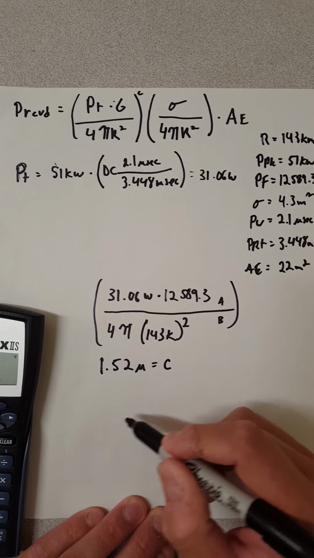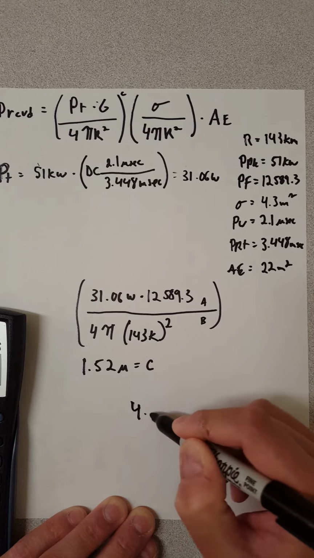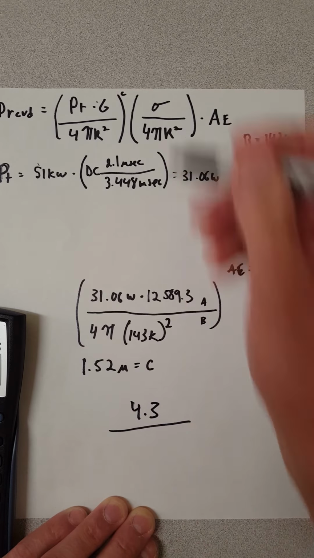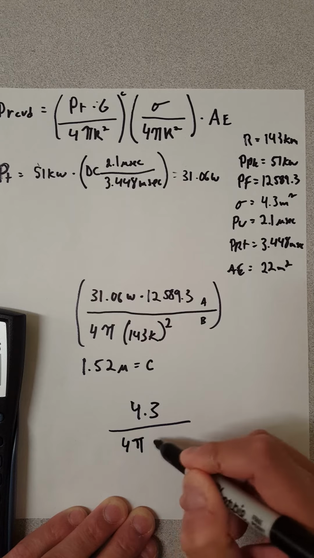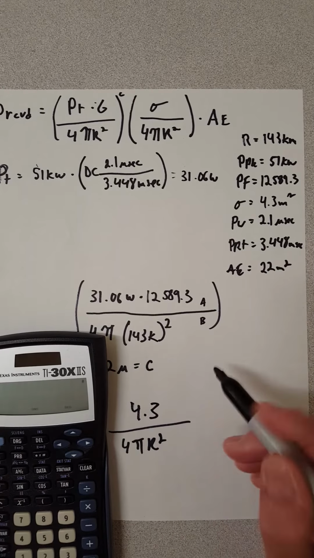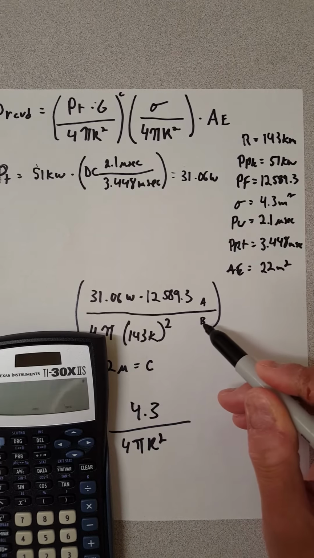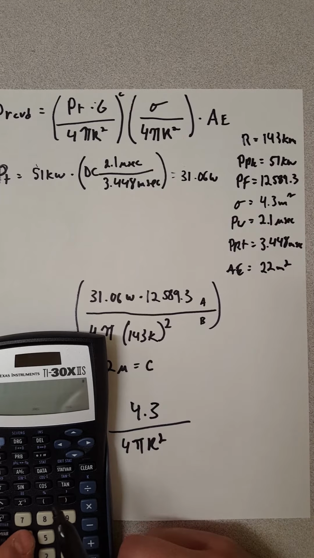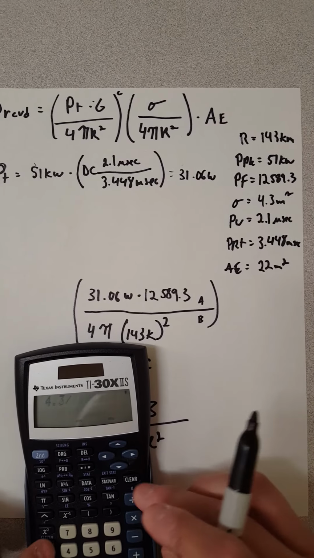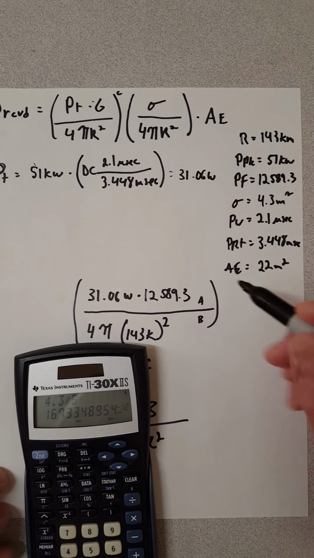Now let's focus on the next part of the equation, which is going to be our 4.3 meters squared over that same 4 pi r squared. And here's why storing stuff in the calculator makes it easy. We already stored that 4 pi r squared as variable B. So all I'm going to do is take 4.3 divided by, I'll recall B. And we have the second part of our equation.